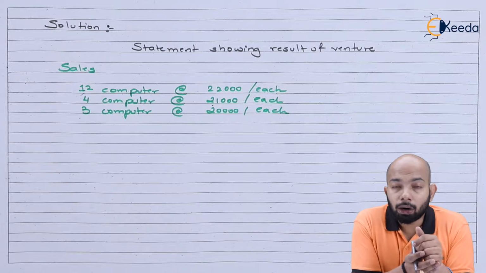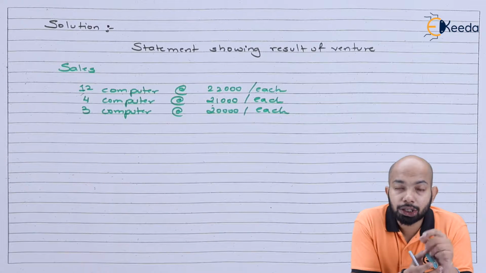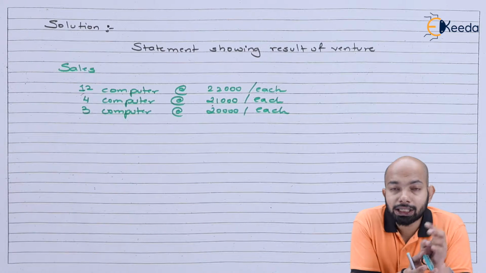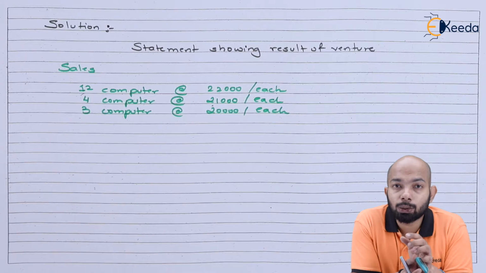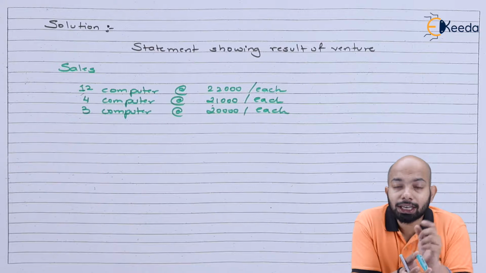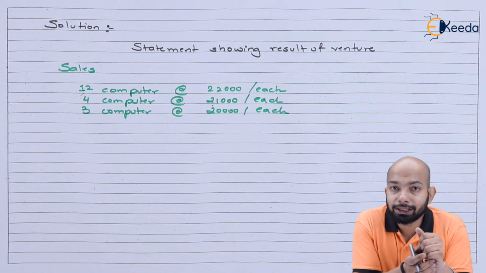So we've mentioned the amount, that means the sales that happened, in the order that has been mentioned in the question. 12 computers at 22,000 each, 4 computers at 21,000 each, and 3 computers at 20,000 each. Apart from that, we'll also be mentioning the other computers that were taken over by the co-venturer at an agreed value of 15,000.